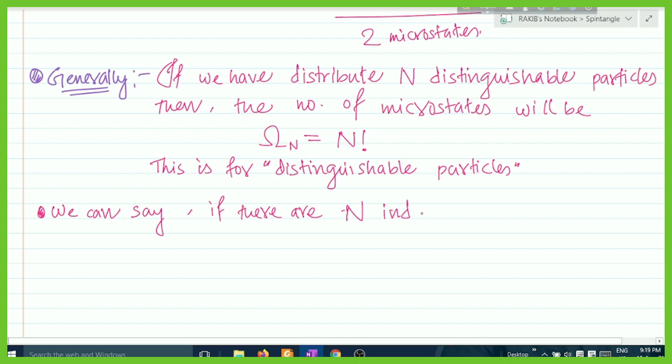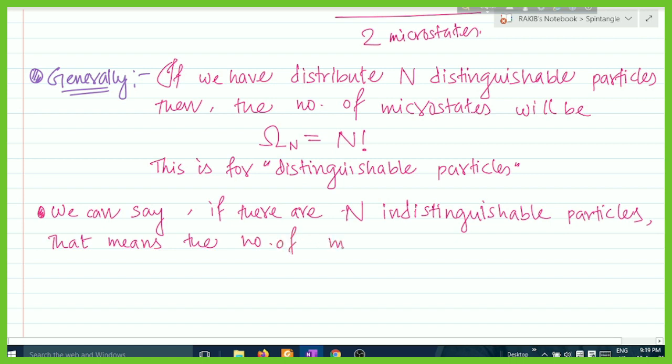If there are n indistinguishable particles, that means the number of microstates will be what?